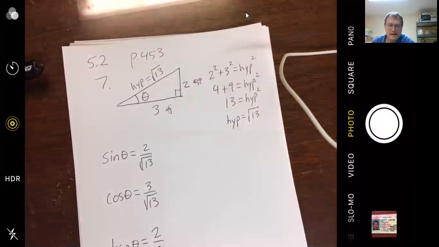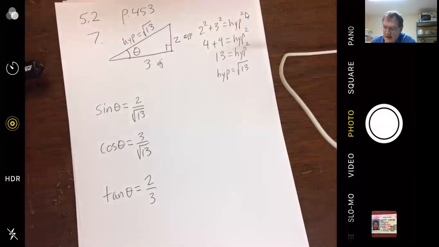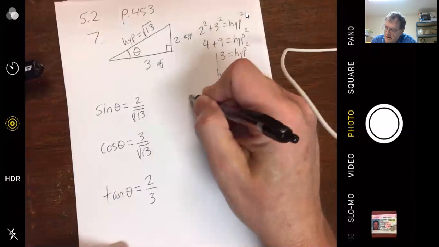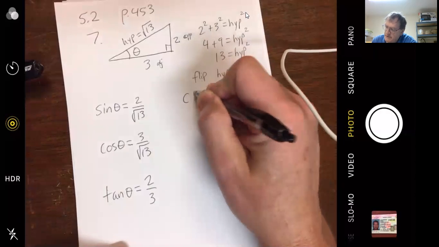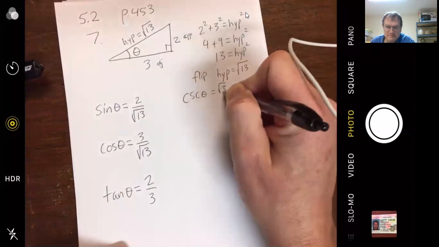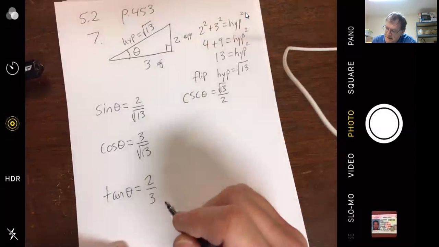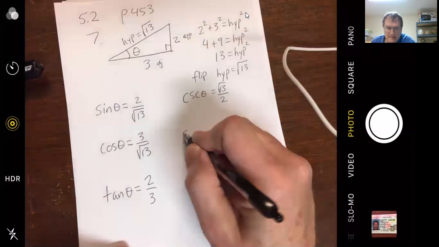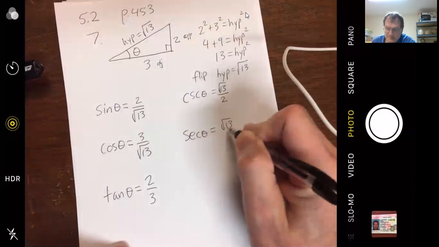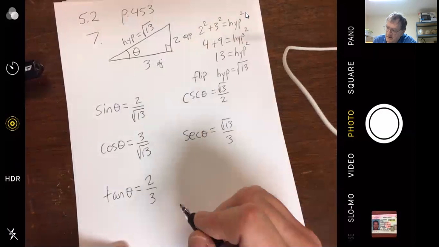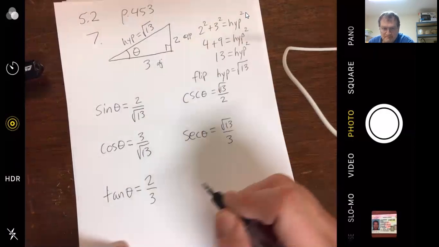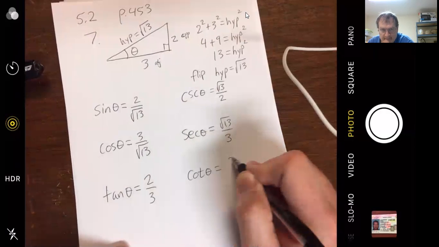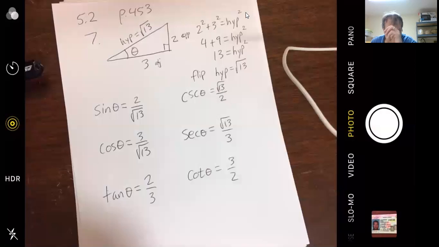See it? Okay, and then the other three, just simply flip them. Cosecant would be root 13 over 2. Secant theta, root 13 over 3. Cotangent theta, 3 over 2. All right, so that's the values of all 6 trig ratios.